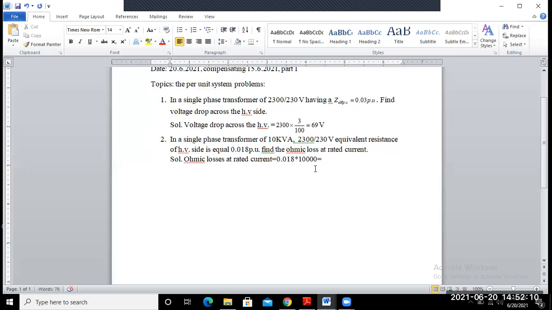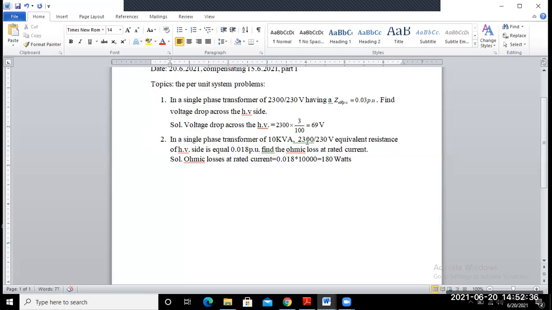So 180 watts is your ohmic losses. So you can simply find out the ohmic losses of this problem.